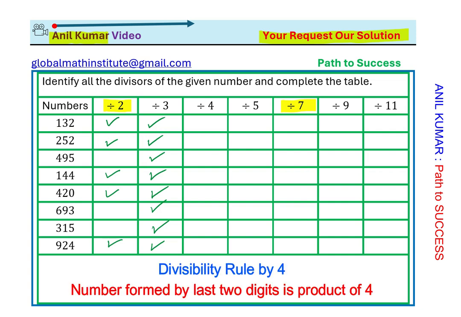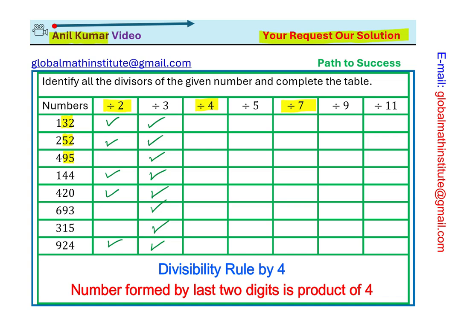All right. Now for 4, we need to only check the last two digits, correct? That is what we have to check for each to be divisible. And of course, it has to be even also, so we need not worry about those which are not divisible by 2. That helps us.